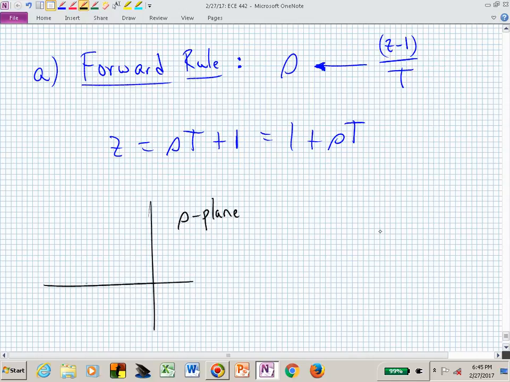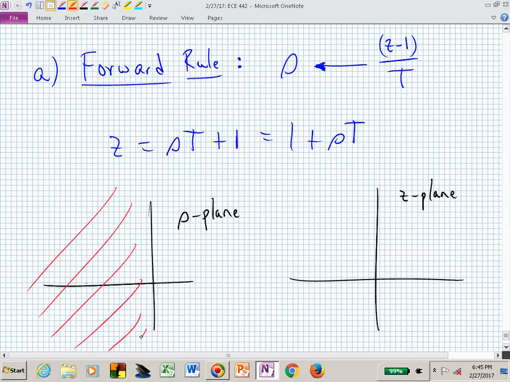Here's my S plane. Here's my Z plane. I want to know if I start over here, I hope that's clear that that's stable, any point in the left half plane. I now map that using z is equal to 1 plus st. Suppose I just use something trivial and say, let's let t be 1.